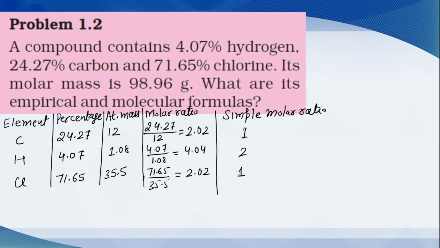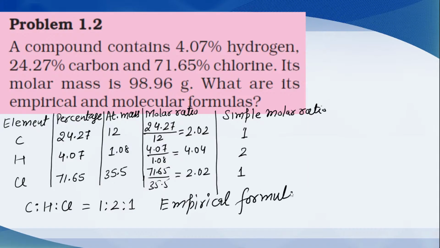So in this way you will get the simple ratio 1:2:1. That means the empirical formula is CH2Cl. So this is the empirical formula.